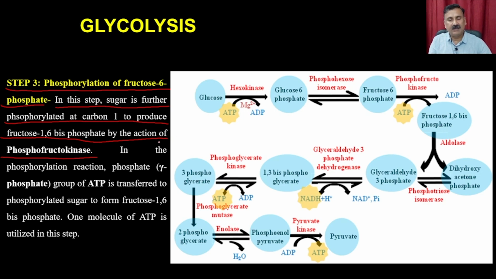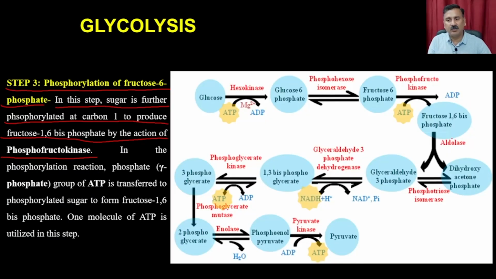And phosphofructokinase is a very, very important enzyme because it converts fructose 6-phosphate into fructose 1,6-bisphosphate, and that's how it provides a substrate which can be further utilized by the aldolase to break down. This activates the molecule and makes a high-energy substrate, and that's how it is ultimately going to be broken down by the aldolase.